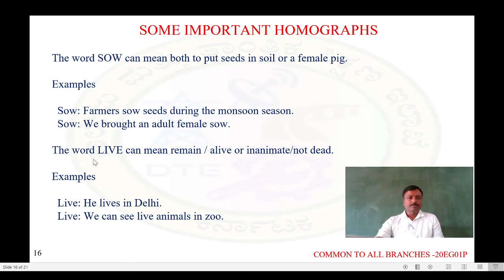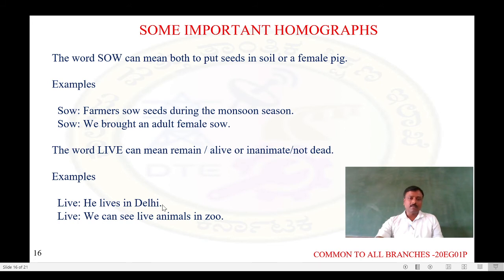Let's see it. The word live, and we can pronounce it as live. Live means remain or alive. Live means not dead. If we use this word in two different sentences, the sentences will be like this. He lives in Delhi.